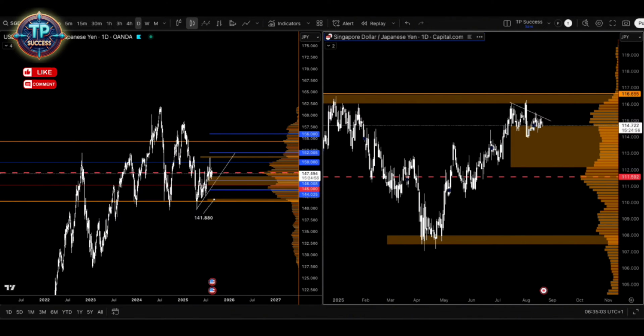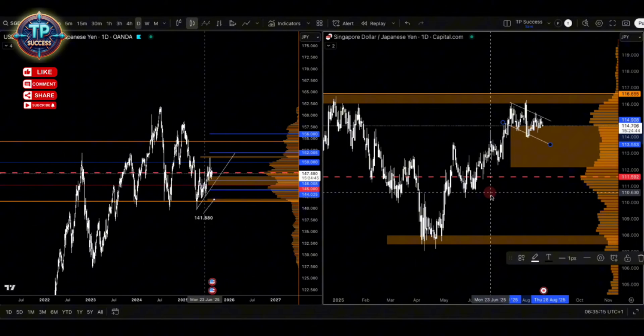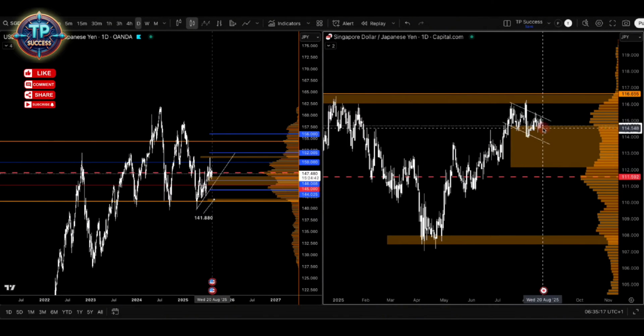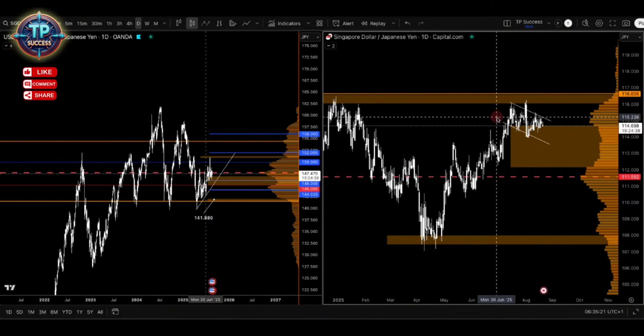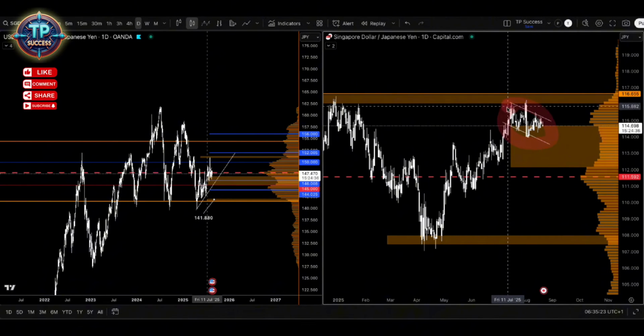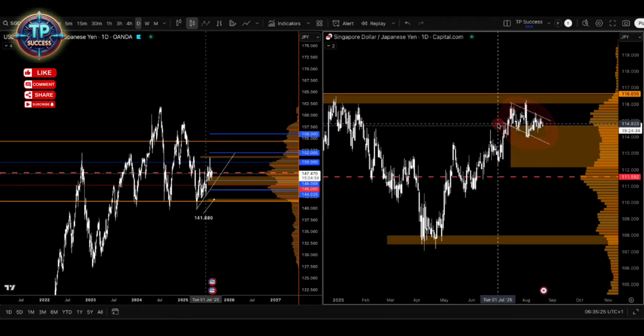I would expect price to bounce from this level and push up. It's giving the signs up here that it wants to do that. But whether it does or not, that is what is yet to be seen.